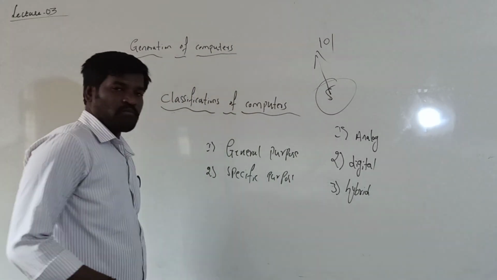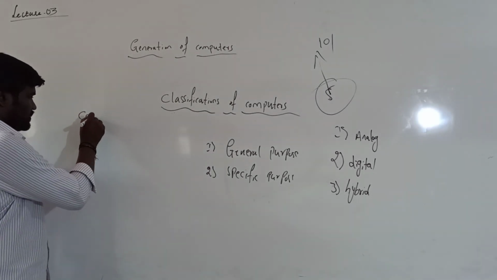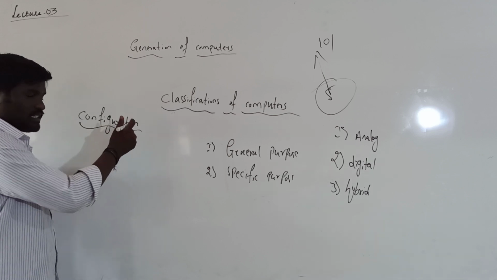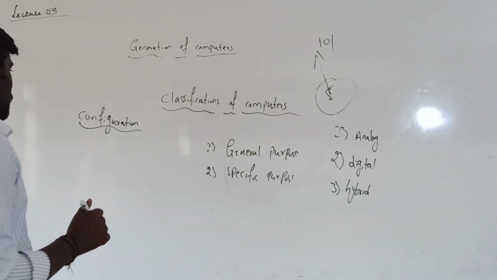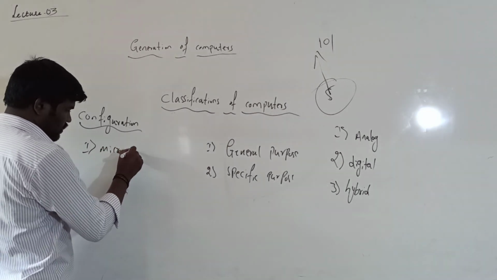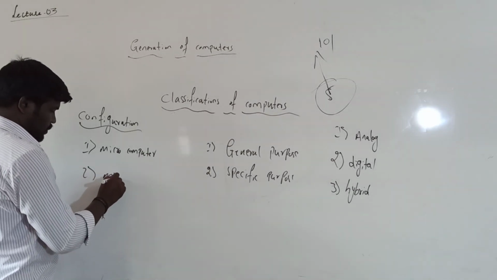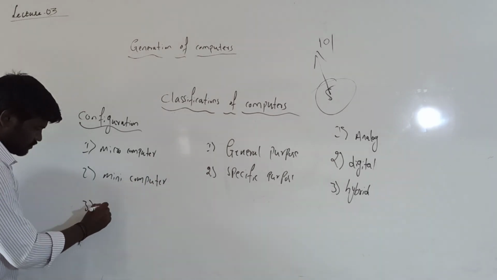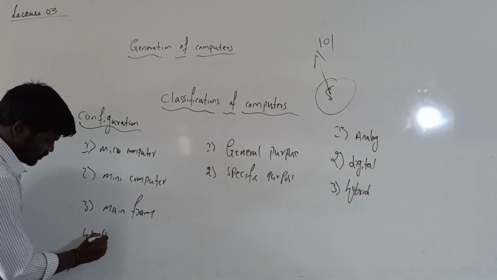Next is again the classification of computers based on the configuration. Based on the configuration of the computer, the computers are categorized into four types. First one is microcomputers, second one is minicomputers, third is mainframe, last one is supercomputers.